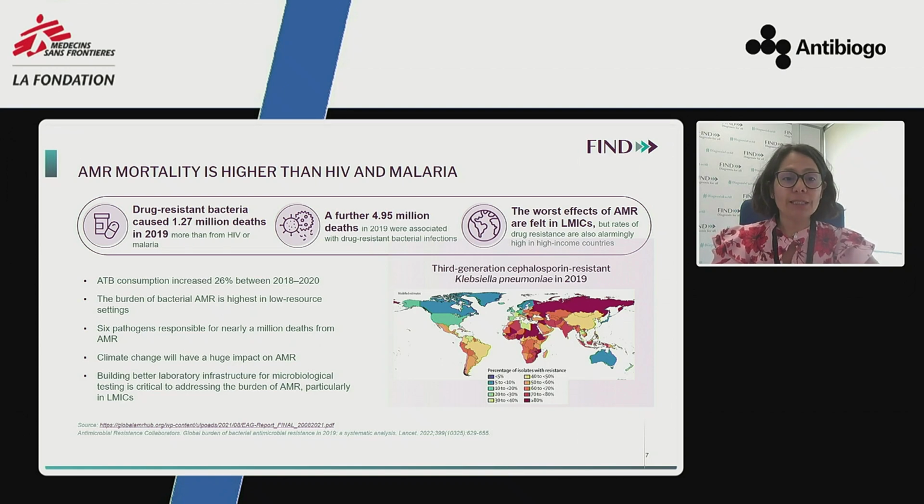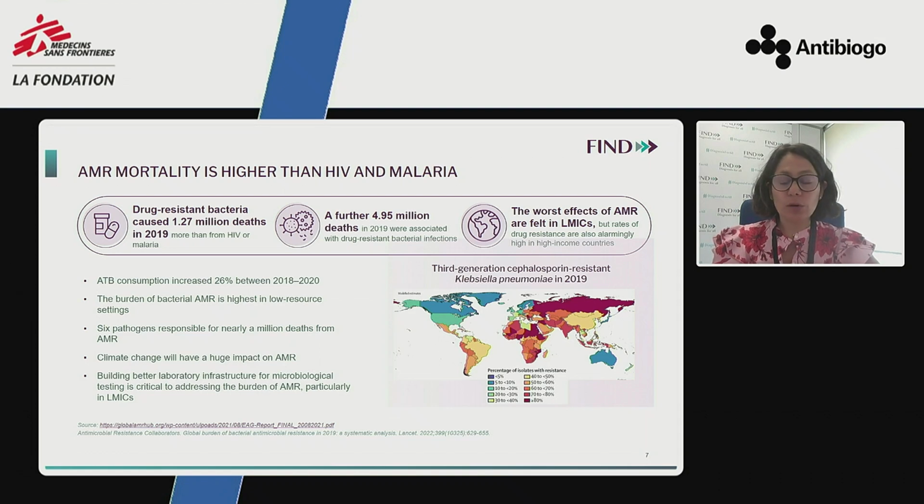The burden of bacterial resistance is higher, as I mentioned before, in low-resource settings, not only related with lack of diagnostics and treatments, but mostly related with the lack of clean water, access to infection prevention control measures, and vaccination. There are 6 main pathogens that are responsible for nearly 1 million deaths from AMR, and I think we need to start talking about those.